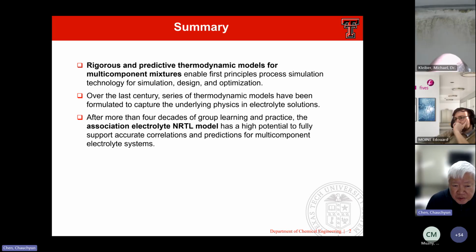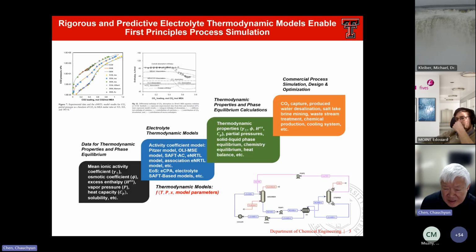Personally, after more than 40 years now of good learning and practice, first at AspenTech with all the customers there, and also now at TTU with my students, I feel the association electrolyte NRTL model has a real potential to fully support accurate correlations and predictions for multi-component electrolyte systems. So that's my conclusion. And let me get into details of why I say that.